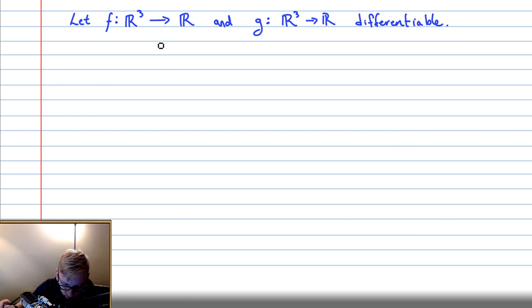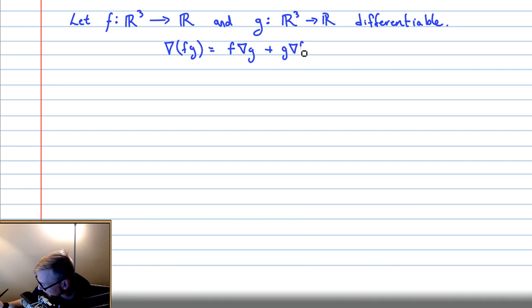We want to prove that the gradient of f times g is equal to f times the gradient of g plus g times the gradient of f.